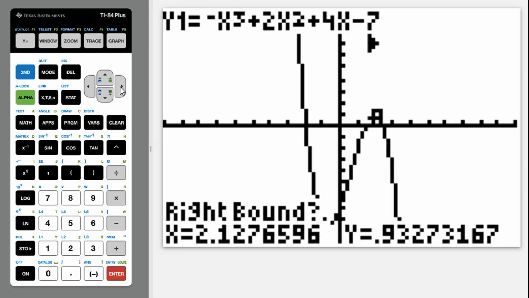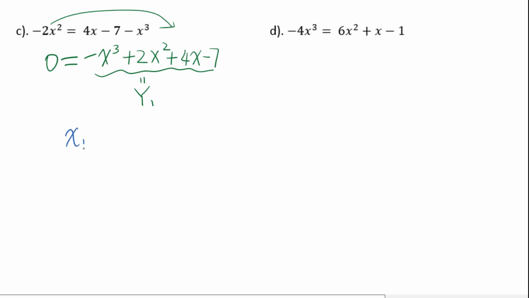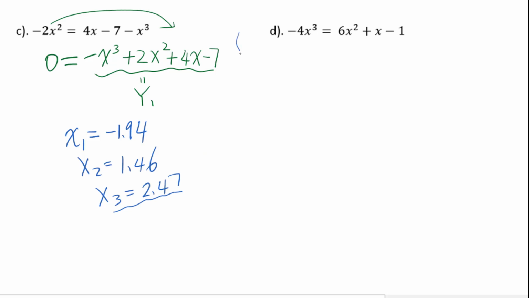Left bound. Then go down. Right bound. Enter. You will get 2.47 as the third x-intercept. Therefore, we have x1 equals -1.94, x2 equals 1.46, x3 equals 2.47.